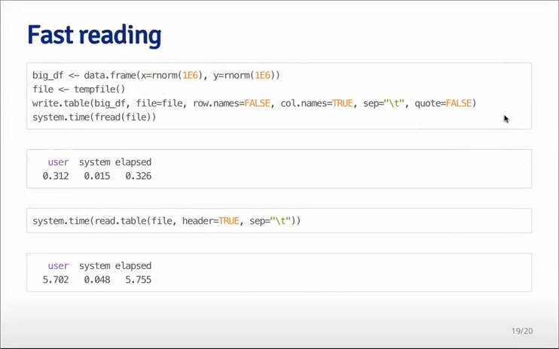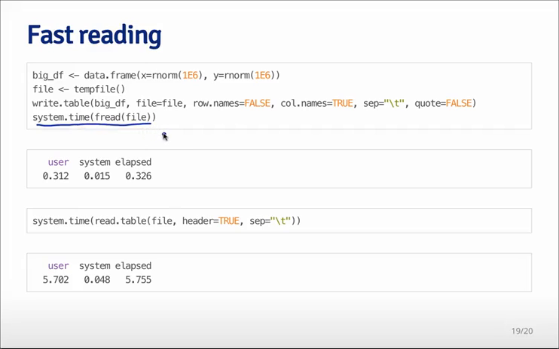It can also be advantageous to use data tables if you want to be able to read things fast from the disk. So here I've created a big data frame, a data frame with two very large variables in it. Then I set up a temporary file with this command right here, and I write our big data frame out to that file. Then I'm going to time how long it takes to read it in using the fread command.